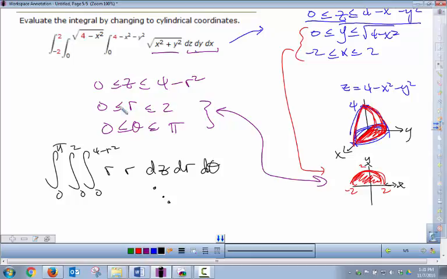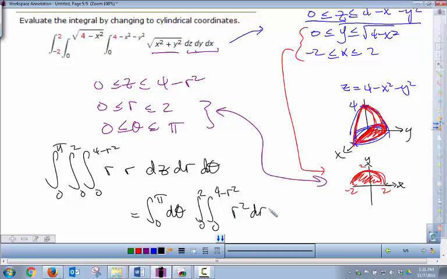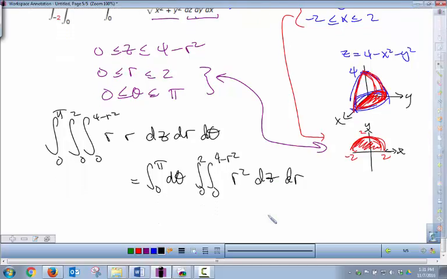It's just going to be theta from 0 to pi, and that's pi.